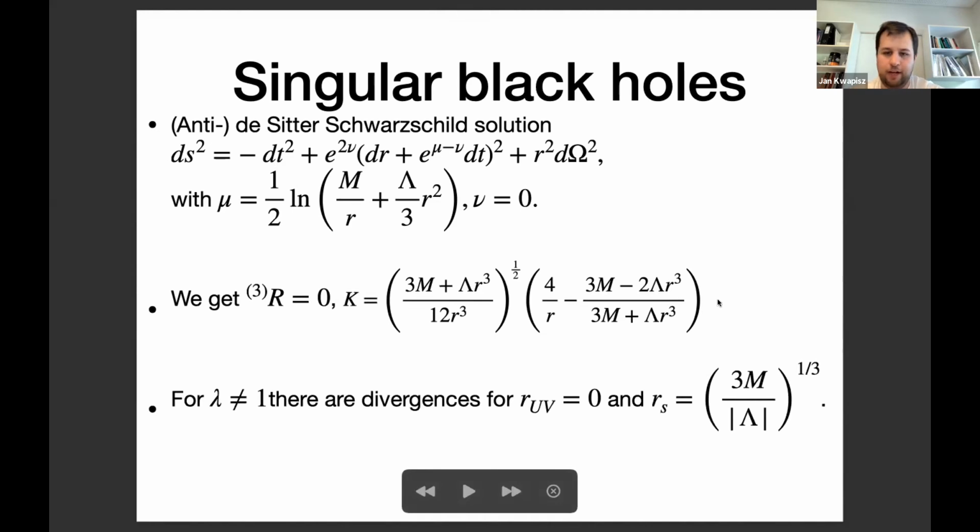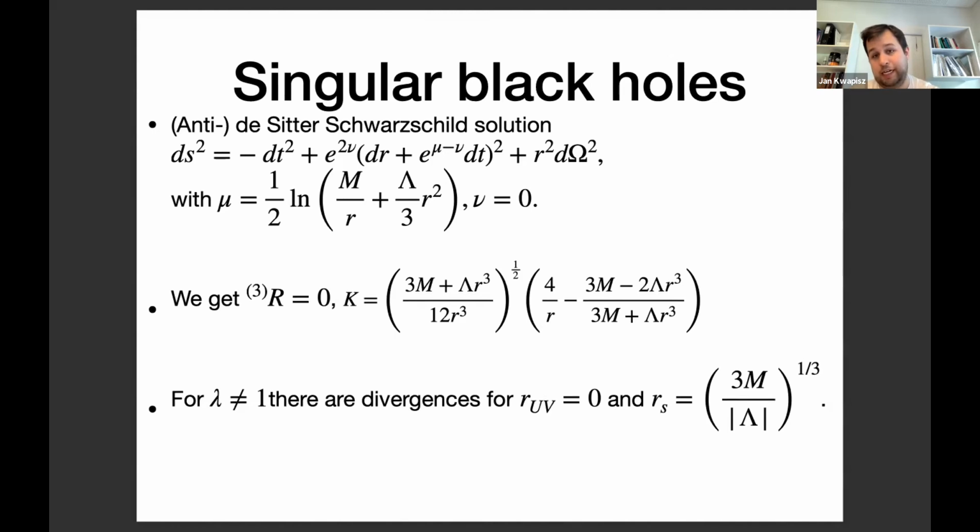Hence, if I integrate this, then for lambda non-equal 0, I will get divergences as I approach R UV to be 0 or RS to be this. This is the cosmological horizon, so we are not really interested in that. However, this is the essential singularity.